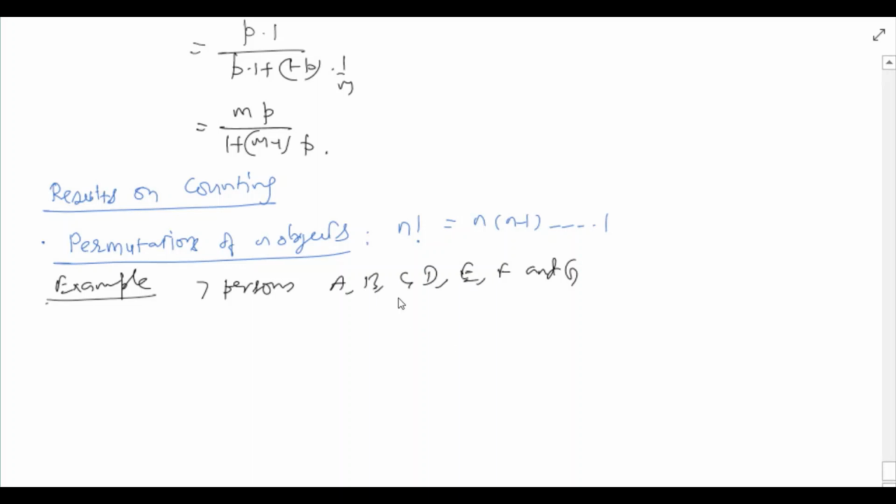That is exactly the number of ways we can permute these letters A to G. The number of ways in which these persons can be arranged is factorial 7.